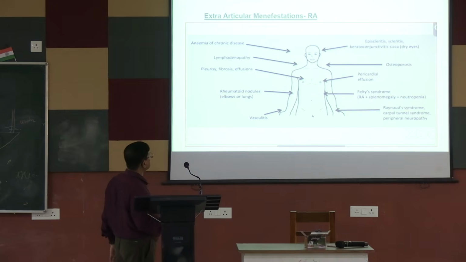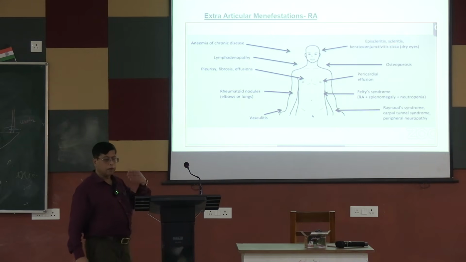So episcleritis and scleritis are there, keratoconjunctivitis sicca. The term keratoconjunctivitis sicca is used in many diseases in rheumatology because of lymphocytic infiltration in the salivary glands and also the lacrimal glands, causing less lacrimation and less salivation.